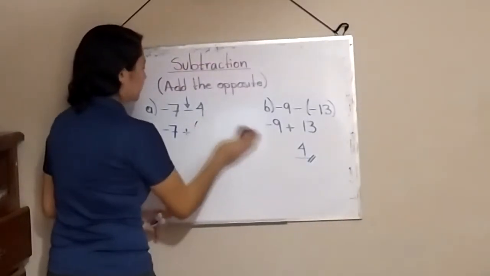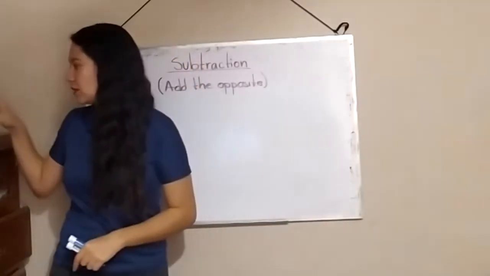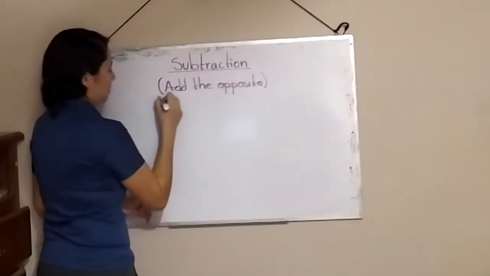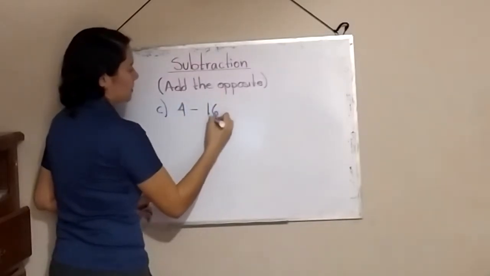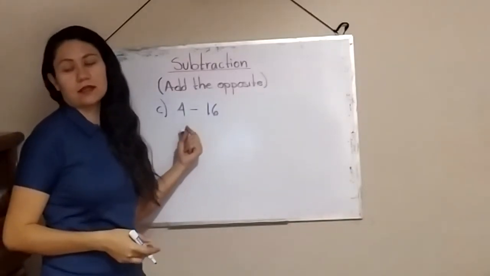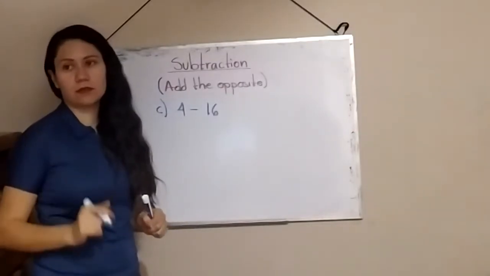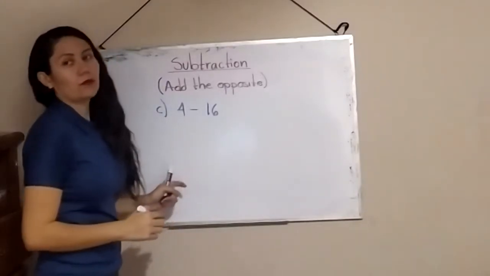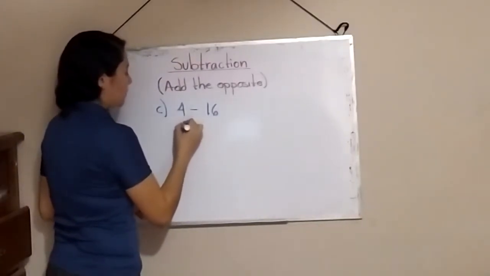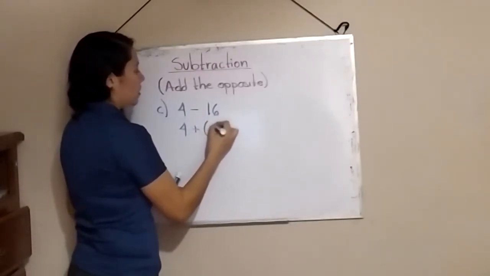Next example, we have +4 minus 16. Okay? This is a subtraction of two positive numbers, so we could do it directly. But let's follow the rules, okay? We are going to transform it to the addition of the opposite, leaving the 4 as it is, changing the subtraction for an addition, and taking the opposite of 16.